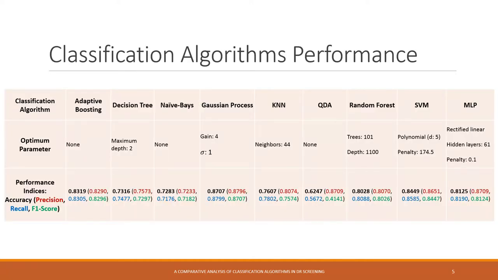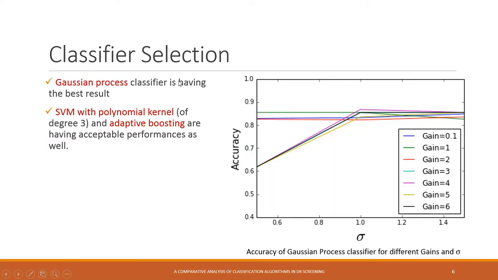This table here demonstrates the comparison of different techniques. For each technique, a set of tunable parameters are chosen and optimized to get the best result of the classifier. This table reports the optimum tunable parameters for each classifier along with the performance indices. The table is included in the manuscript in the conference proceeding for further investigation if needed.